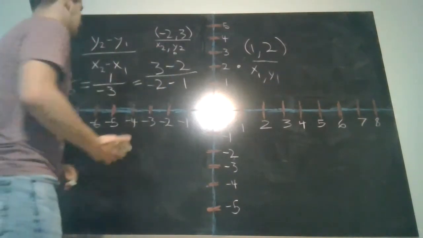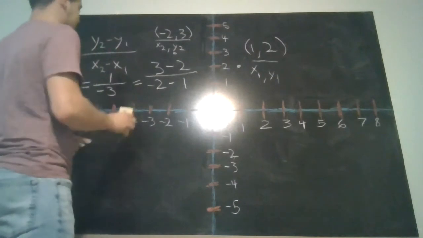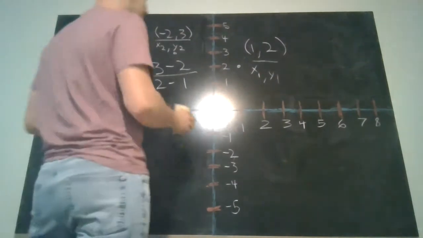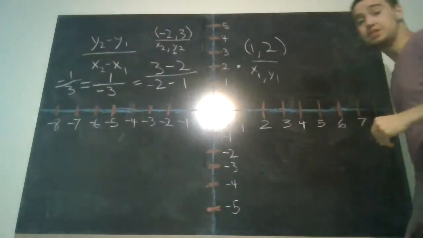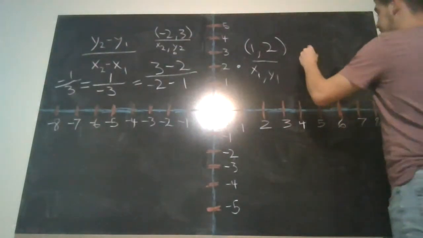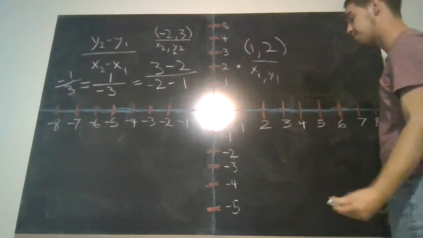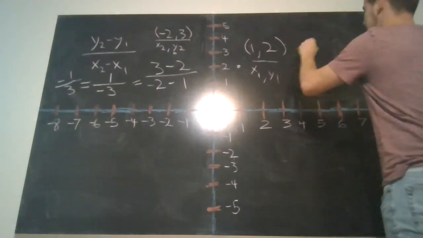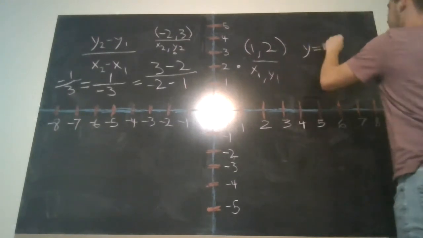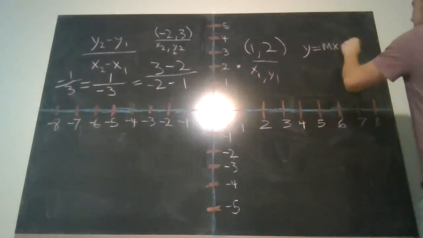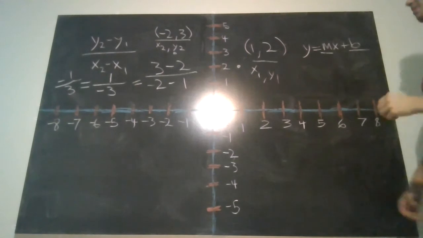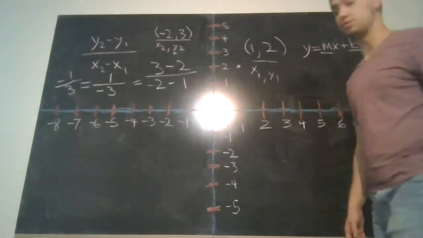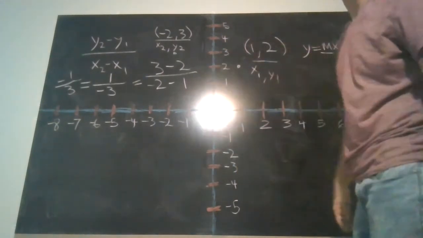So when we're writing the equation of a line with a slope of -1/3, I'm going to go over to this side of the board. The equation of a line goes in the form y equals mx plus b, where m represents the slope of the line and b represents the intercept of the line, or the y-intercept, which is the place where it crosses the y-axis.